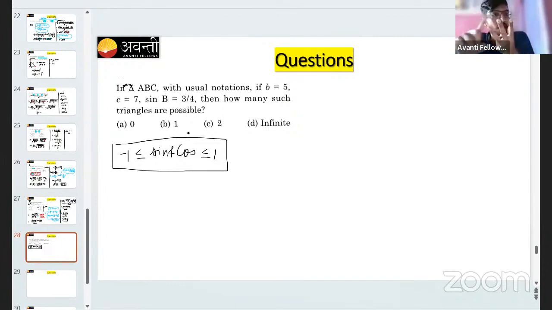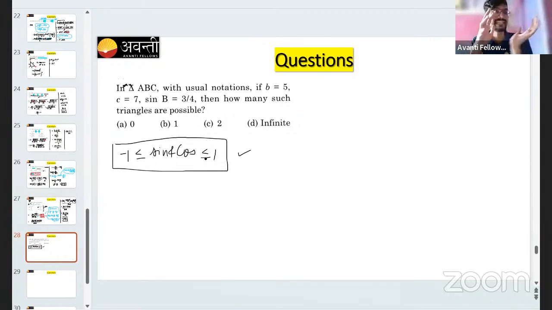Now, if out of these 3, sine A, sine B, sine C, one of them does not come in this range, that is, one of them does not come in -1 to 1, that means that is not possible, obviously. Why? Because sine should always lie between -1 and 1.